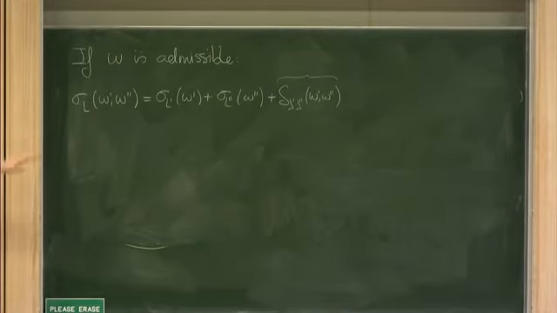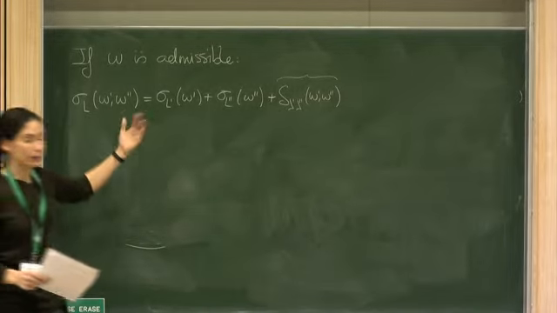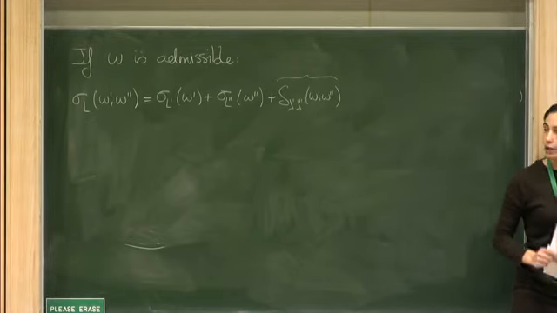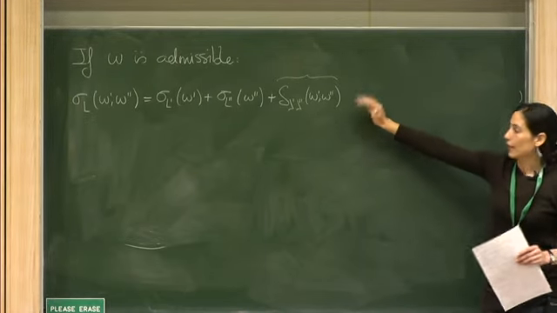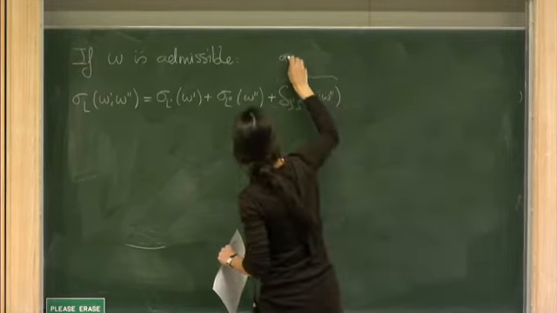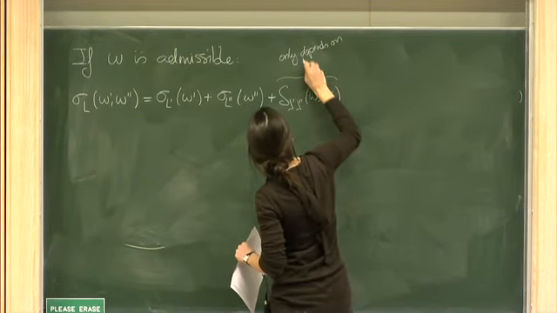If omega were not admissible and we were in the realm of this other result that we had established, the formula would stop there. And this term is always there. This only depends on the linking numbers.